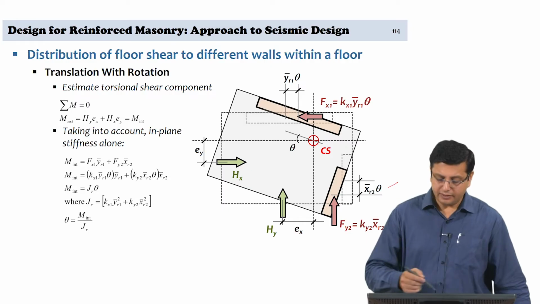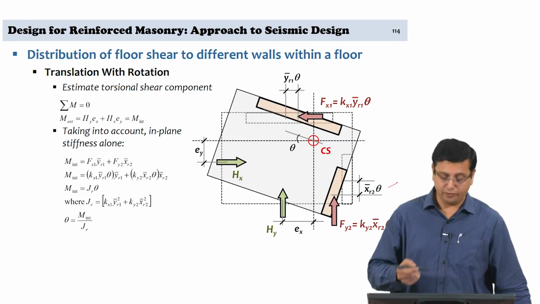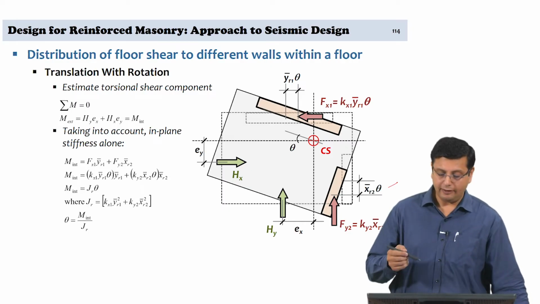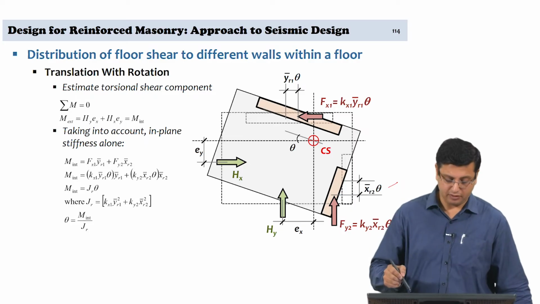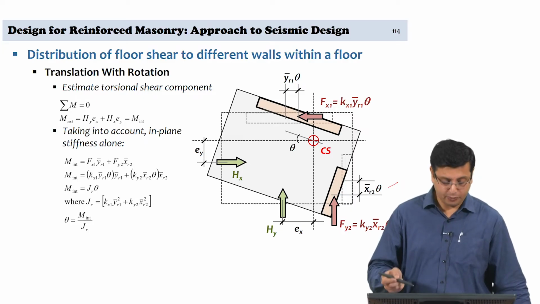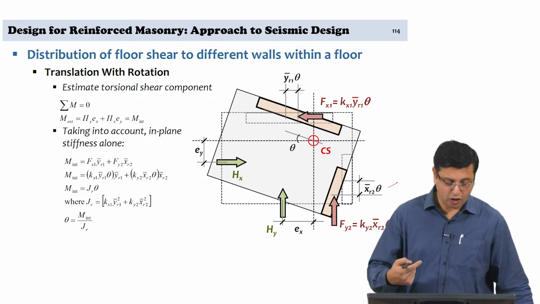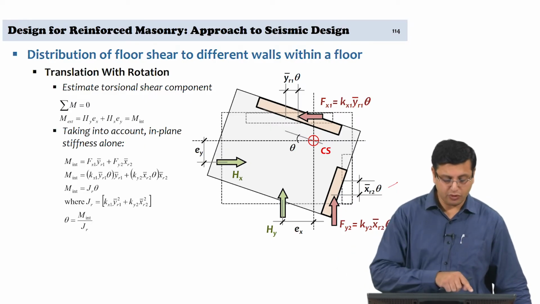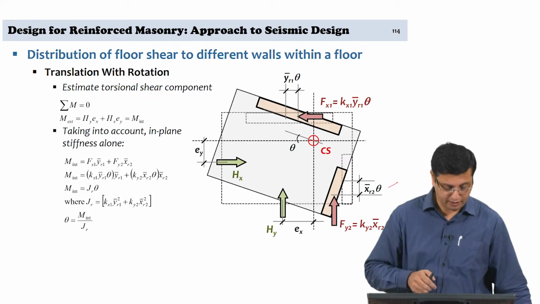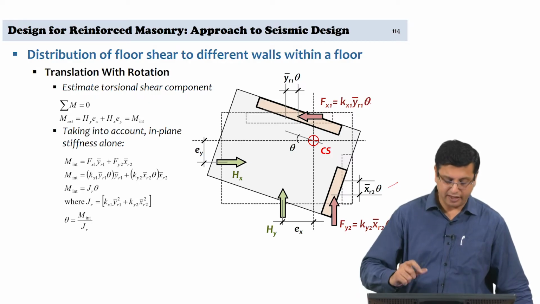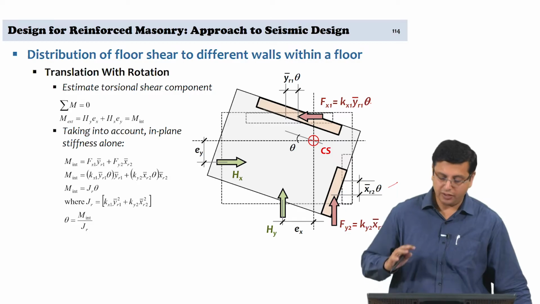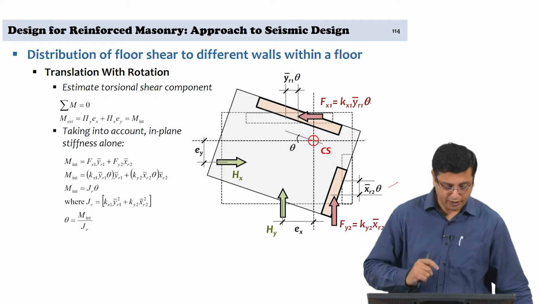So, the internal resisting moments are defined with respect to the force component Fx1 into y bar r1 that we looked at here, plus Fy2 into x bar r2, when you consider earthquake force in one direction.